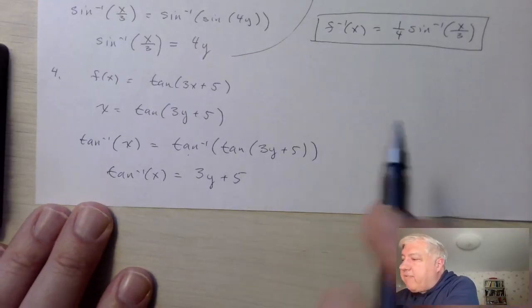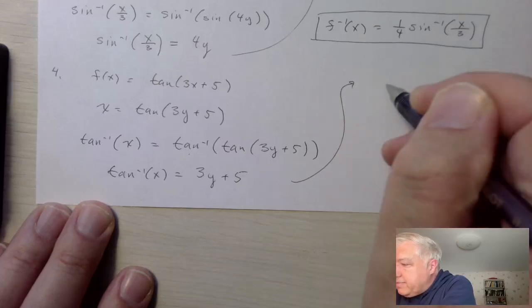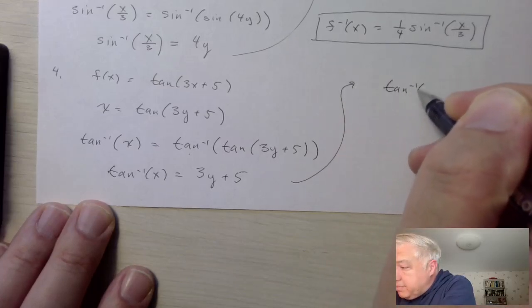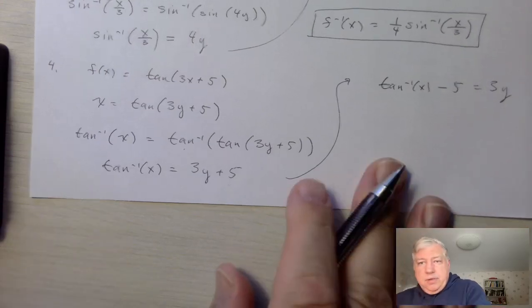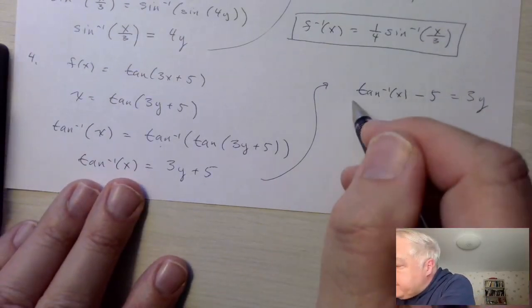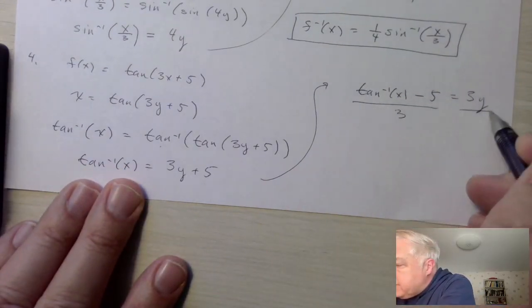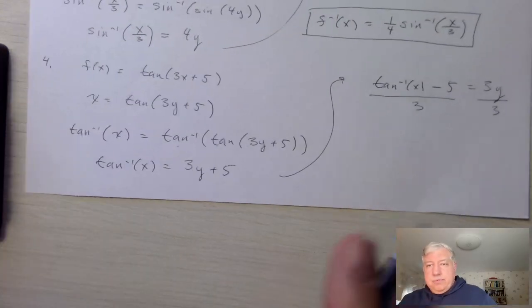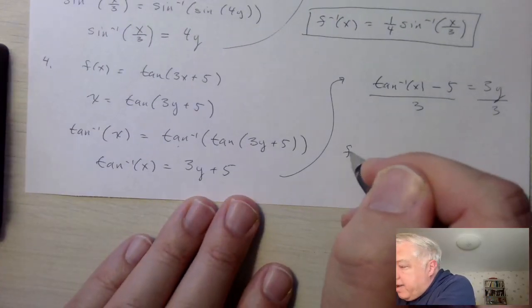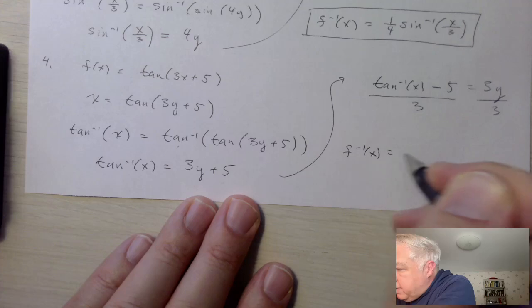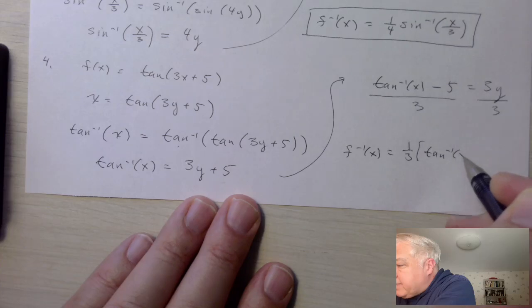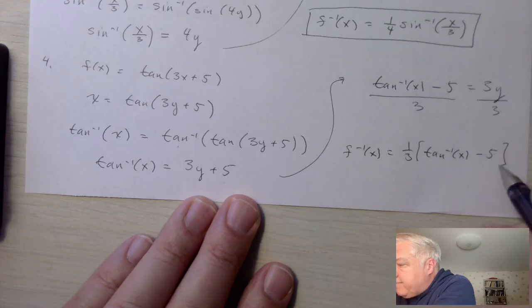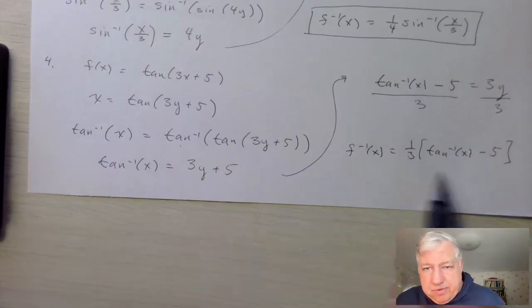We first subtract 5 from both sides, and then divide by 3. So that will be y. And so f inverse of x will be 1/3 times the inverse tangent of x, minus 5, all in parentheses here.